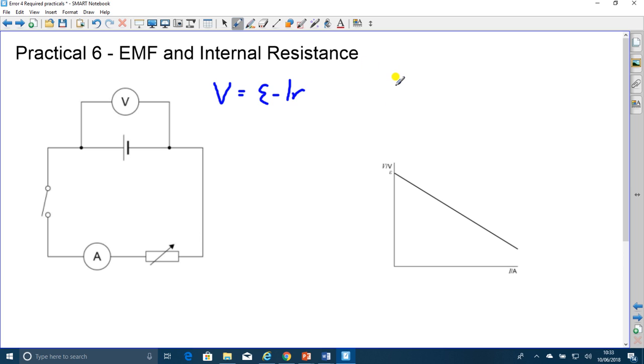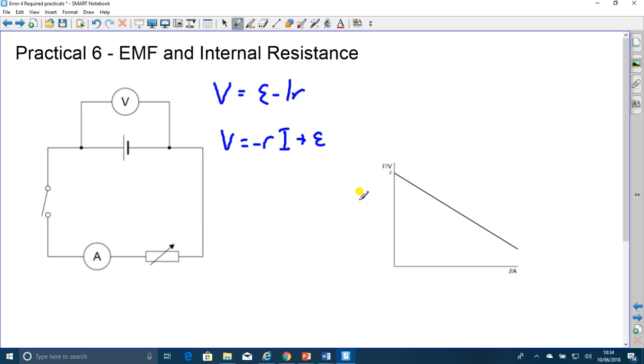There are lots of ways to write down the EMF equation, but we're going to use it in this format, and then I'm going to rearrange it again to say that V equals minus RI plus E. So we've got voltage equals minus RI plus EMF here.